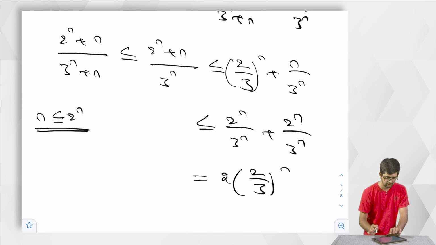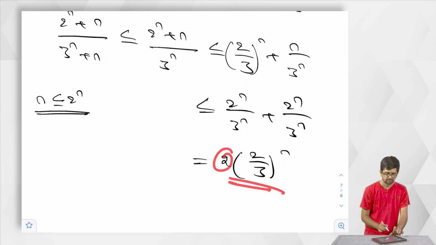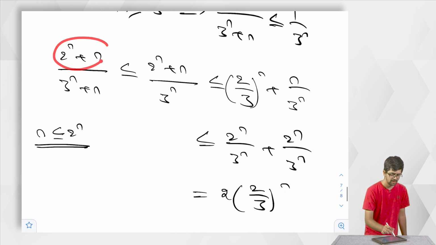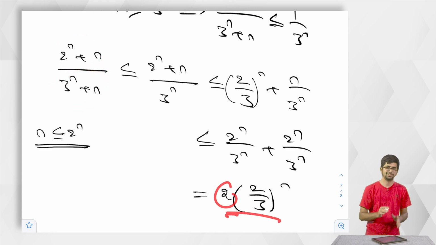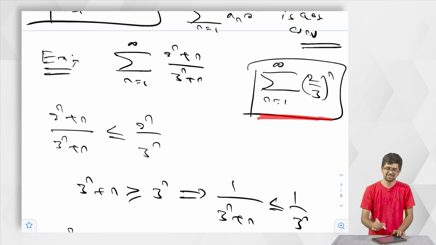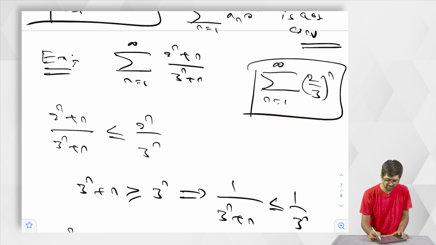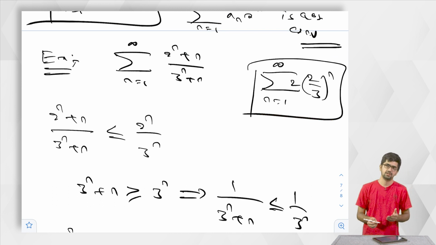We cannot get this, but we can get some multiple of that. (2^n + n)/(3^n + n) is less than or equal to 2 times that. Something is close to this. Summation (2/3)^n is coming, this much I know. If I multiply this by 2, that's also okay.